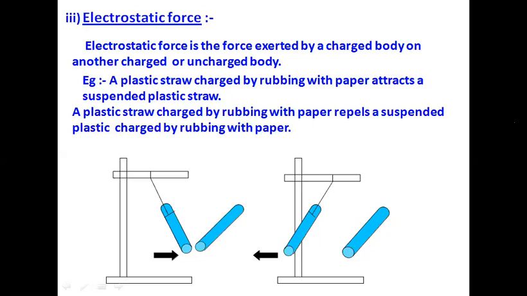For example, you can see in the images below. In the first image, a plastic straw charged by rubbing with paper is attracting a suspended plastic straw. While in the second case, a plastic straw charged by rubbing with paper repels a suspended plastic straw charged by rubbing with paper. So that was electrostatic force of repulsion and attraction.